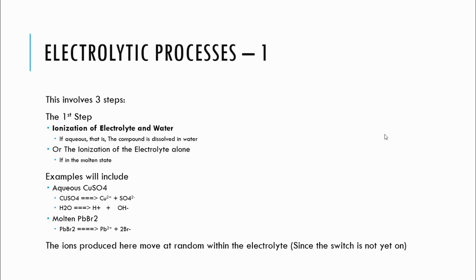So let's move on. So electrolytic process now. What actually happens in electrolysis? It is actually three things. When you have your electrolytic setups, we are expecting three things to happen in three different steps. The first one is what? Ionization of the electrolyte and water, or the ionization of the electrolyte alone.